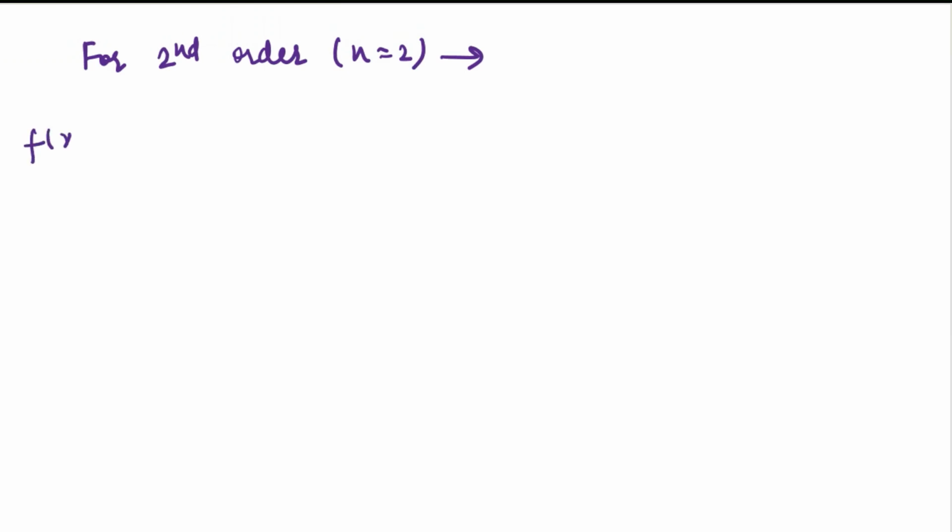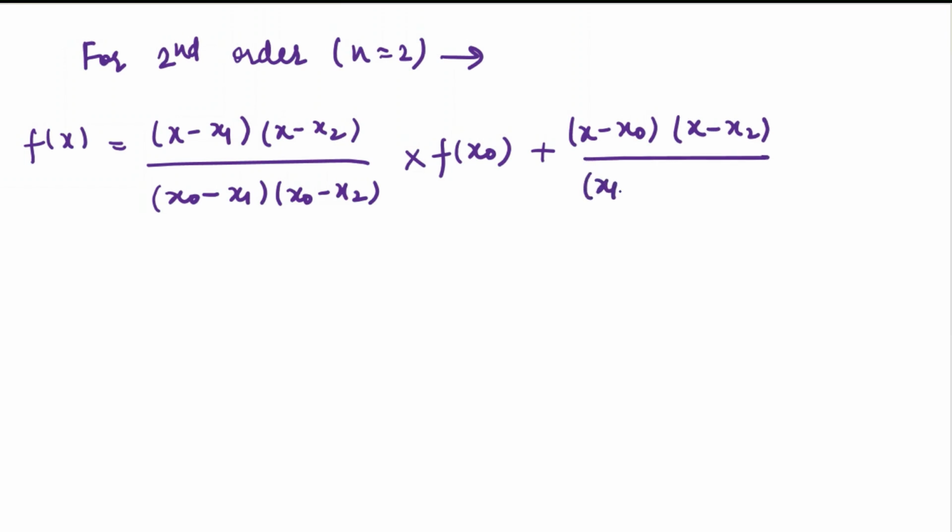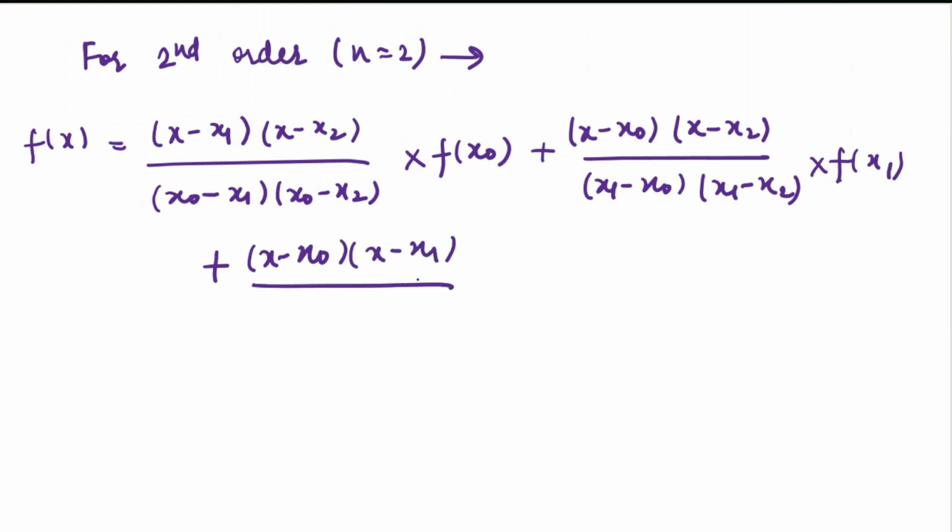The formula is f of x is x minus x1, x minus x2 upon x naught minus x1, x naught minus x2 multiplied by f of x naught, plus x minus x naught, x minus x2 upon x1 minus x naught, x1 minus x2 multiplied by f of x1, plus x minus x naught, x minus x1 upon x2 minus x naught, x2 minus x1 multiplied by f of x2.